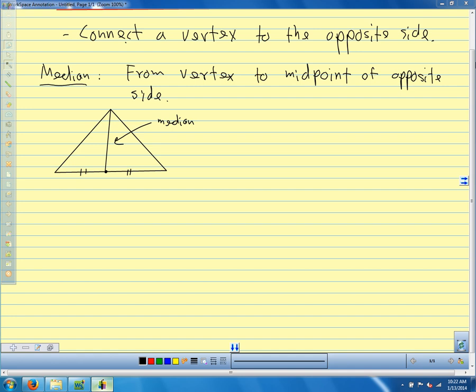Well, something special happens with the medians. We've been talking about points of concurrency. So our theorem about medians is that the medians of a triangle are concurrent at a point.